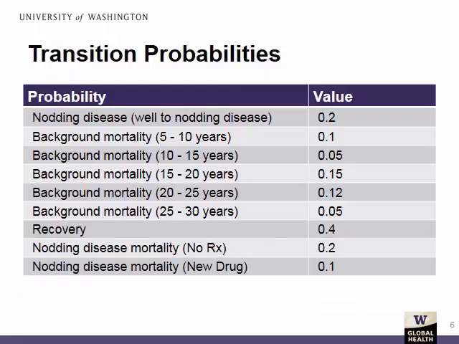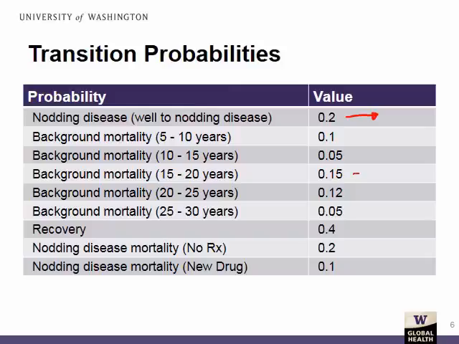Given the transition matrix that we have on the previous slide, you can assume this data: the probability of going from well to nodding disease, so the incidence of nodding disease, is 20% in a given year for this population. Then you have estimates of background mortality, and for 5 to 10 years it's maybe 0.1, and remember these are completely arbitrary, and from 10 to 15 years it's 0.05 and so on.